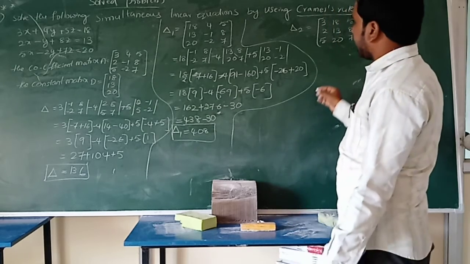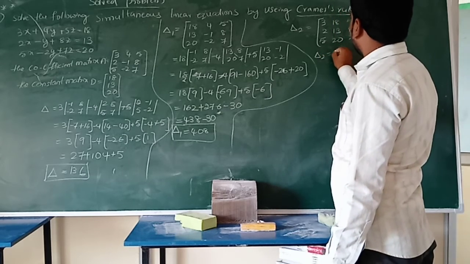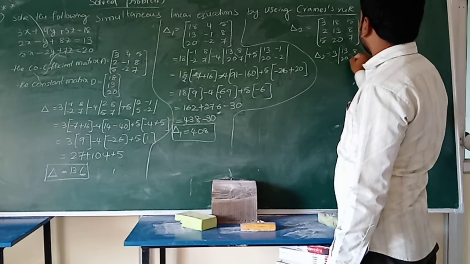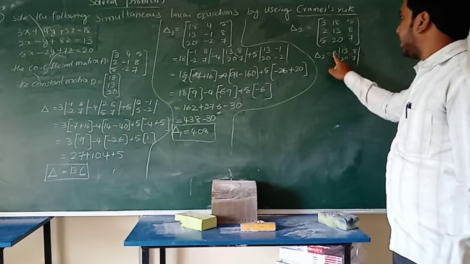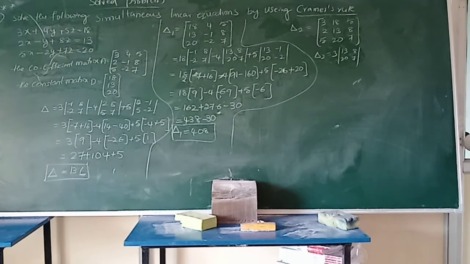Okay, students. Now the delta 2 is equal to 3 into 13, 8, 20, 7. Eliminating this first row and first column, the remaining 2 by 2 matrix is 13, 8, 20, 7.